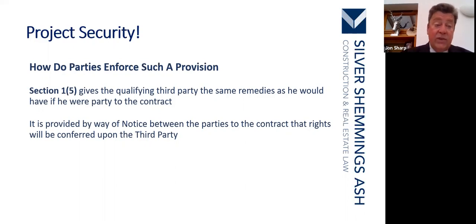So you may have to, for example, join a tenant into it, but you wouldn't want to give him every last single right under the contract. You may want him to have a couple of rights, in which case specify those, set them out clearly in writing so that there are no issues for the court to interpret. The court can clearly read that you intended that tenant to have these rights and no more.